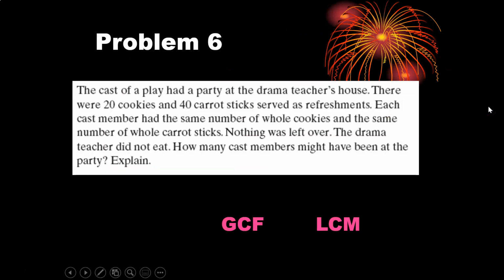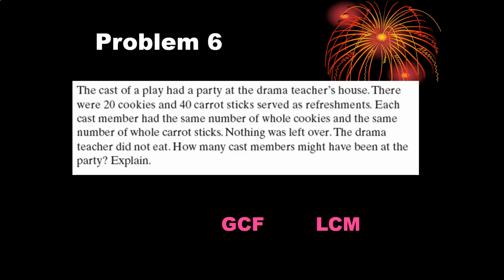Fourth problem here, there's a party at the drama teacher's house. There are 20 cookies and 40 carrot sticks. Isn't that a wonderful combination of refreshments? Each cast member had the same number of whole cookies and the same number of whole carrot sticks. Nothing was left over. They ate all of it, and the drama teacher did not eat any of it. So how many cast members might have been at the party?